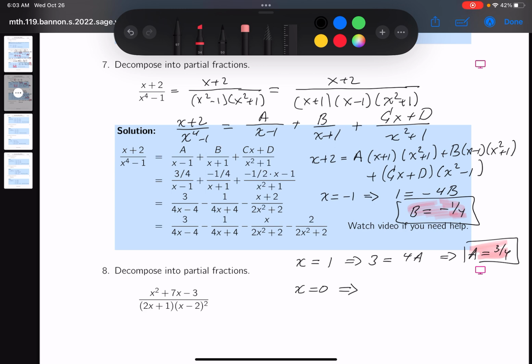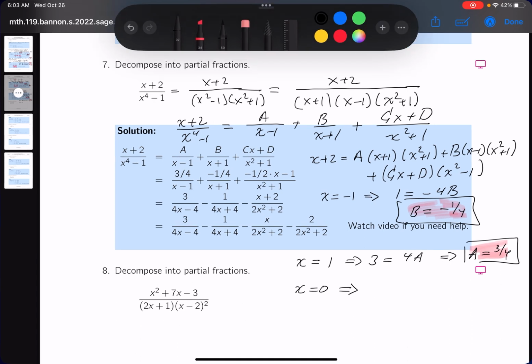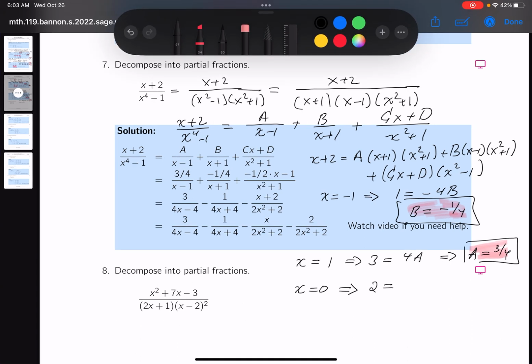So I chose x to be 0. What are you going to get? You're just going to get 2 on the left-hand side. On the right-hand side, if I choose 0, I just get A, right? And what's A? A was 3/4. And let me go to the B. On the B, you're going to get minus 1 times B, which would be plus 1/4.